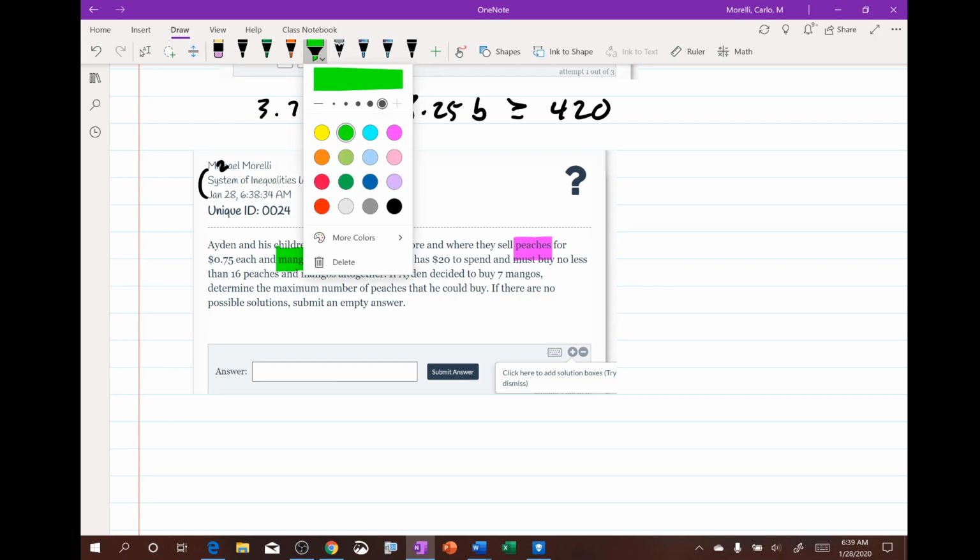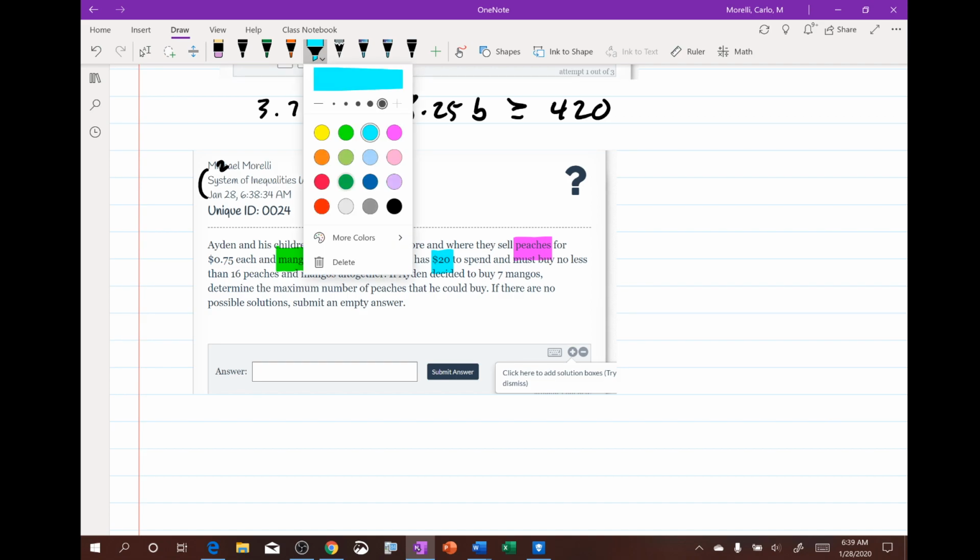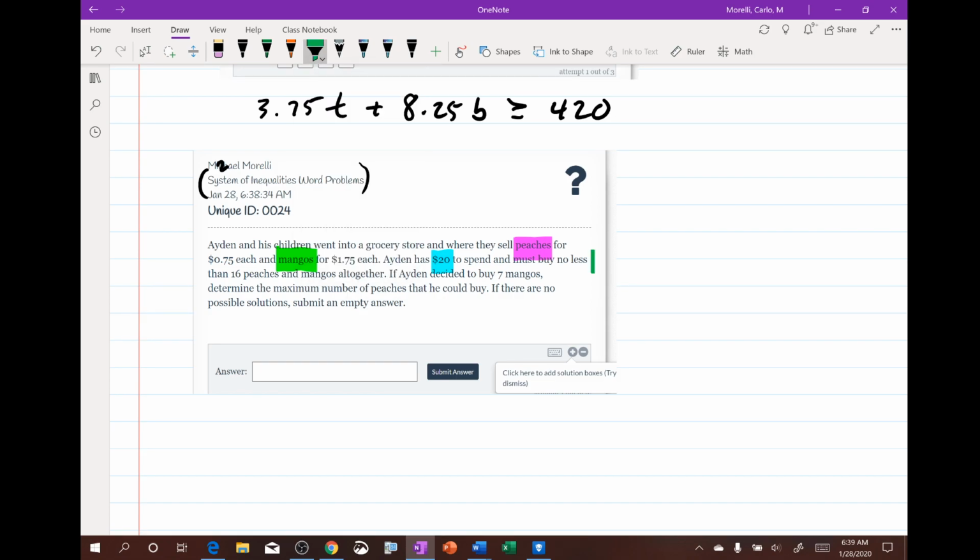All right, this guy has $20 to spend, so that's going to be less than or equal to $20 that he can spend, but it says that he must buy no less than, see this, no less than 16 peaches and mangoes altogether.